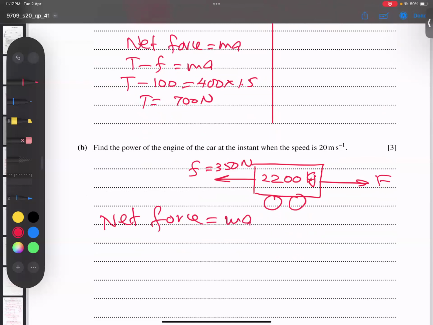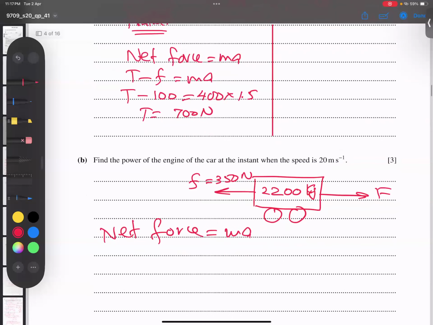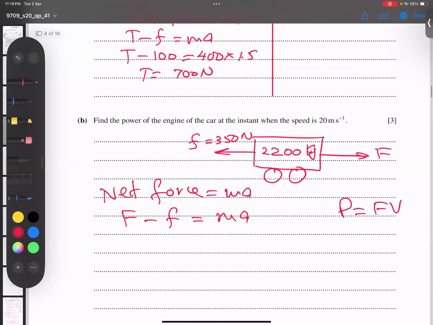Students, in this situation, net force, the applied force, is very clear here. Applied force minus frictional force equals MA. But you know the formula of power: force times speed. So if we bring the force down, sorry, the speed down, the velocity down, this speed turns out to be this coordinate.